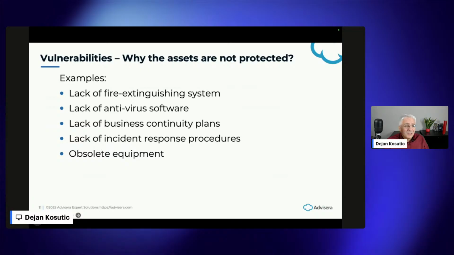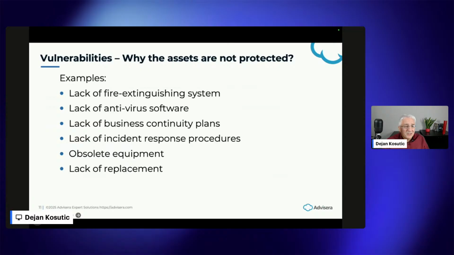Obsolete equipment is obviously related to your hardware. If this equipment is obsolete, it's probably not maintained well, it can simply stop working, or maybe it's not protected enough from the software point of view.